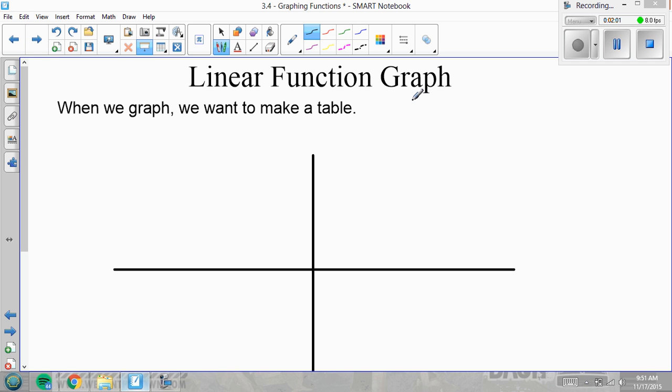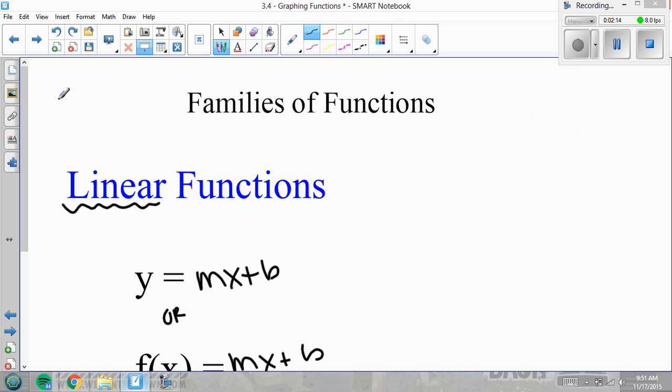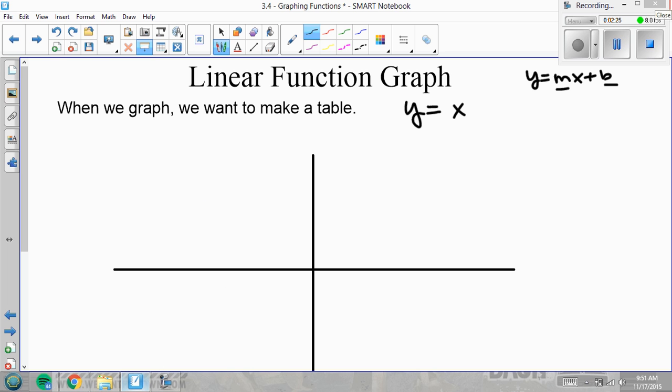So to look at a linear function, we're going to look at y equals x. Now remember, I just said it should look like y equals mx plus b, where m and b are both numbers. So we want to make sure that we write that down.